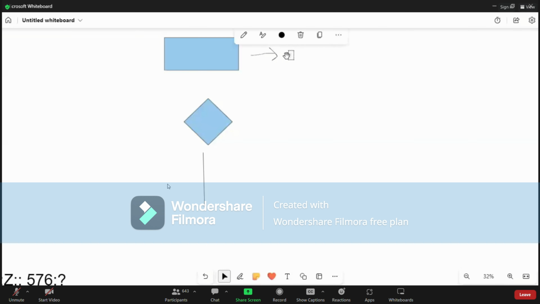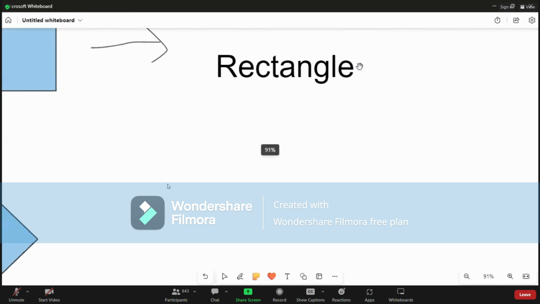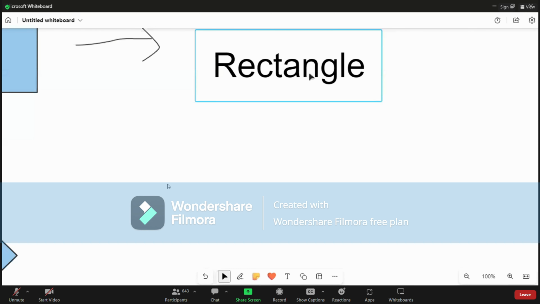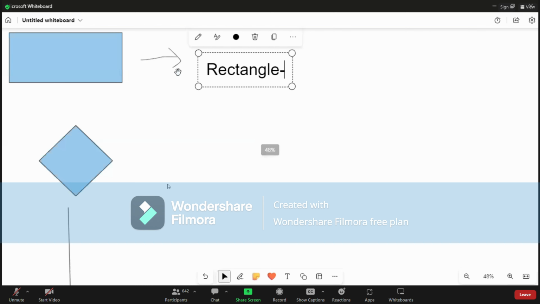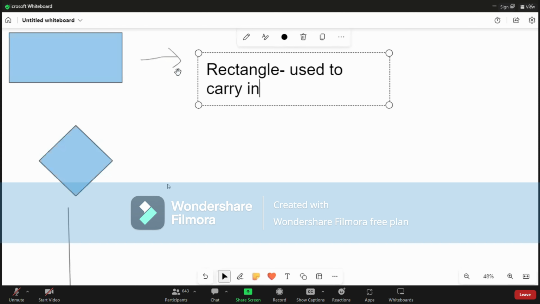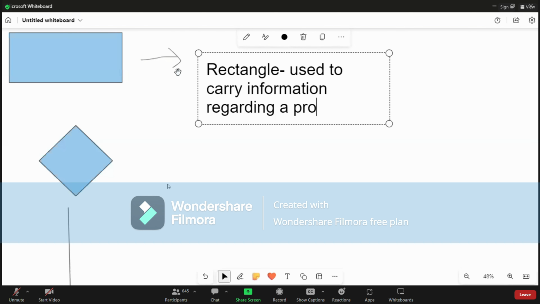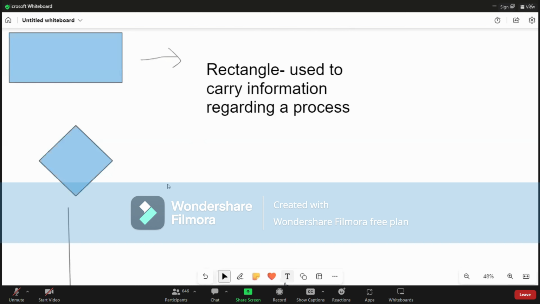As I have mentioned, this is a rectangle, used to carry information regarding a process. And now we have the diamond.